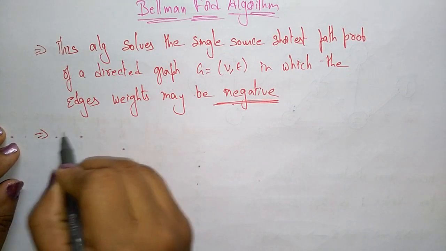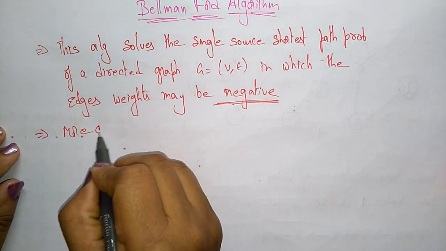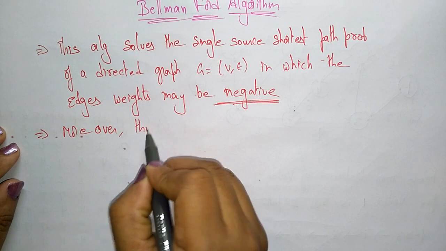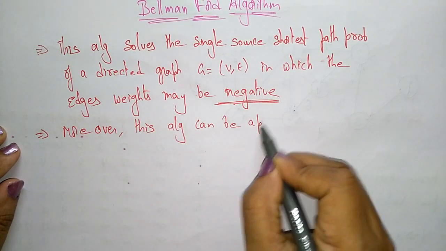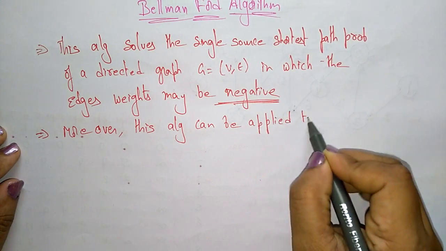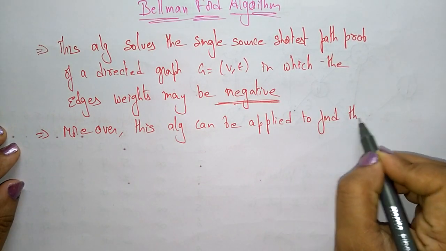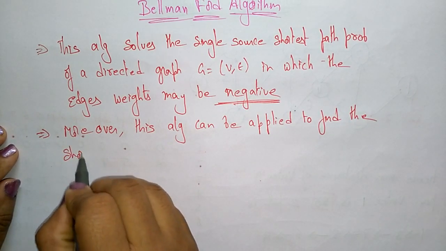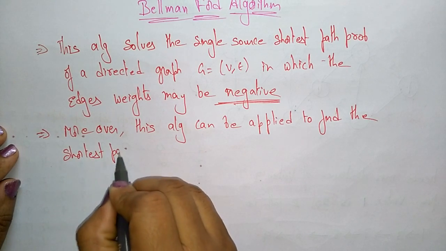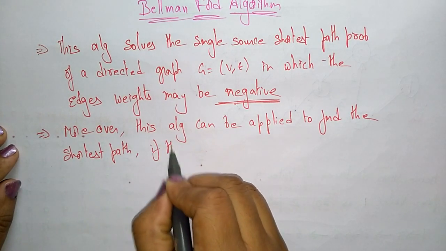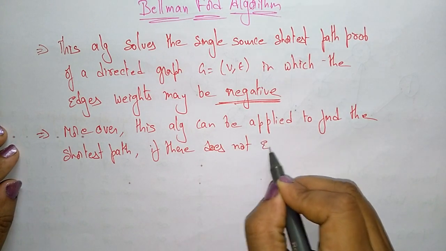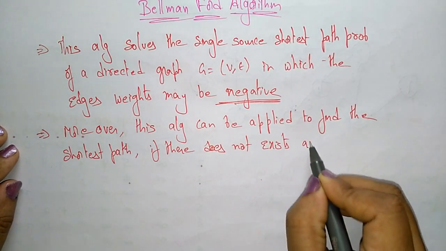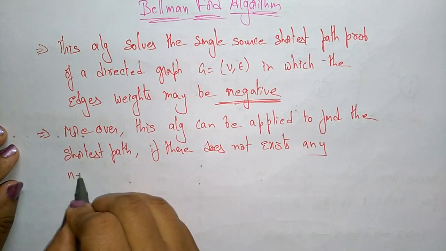Moreover, this algorithm can be applied to find the shortest path if there does not exist any negative weighted cycle.